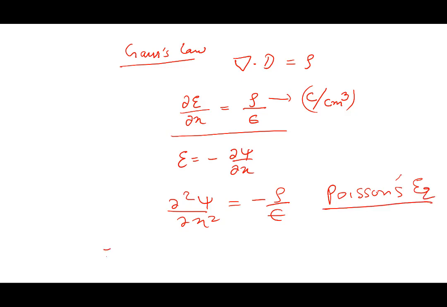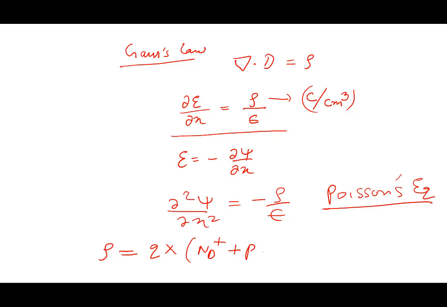And what is rho? Can we write down rho? What are the charges inside my semiconductor? Rho equal to Q multiplied by what else? What are the positive charges that I can get in my semiconductor? Nd plus. All ionized donor atoms will give me a positive charge, and holes will also give me positive charge.